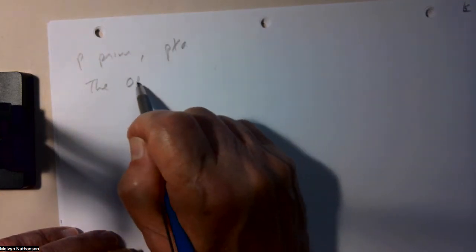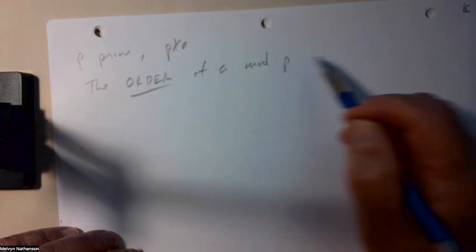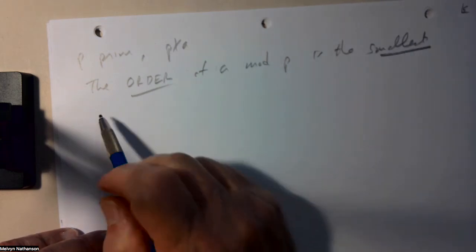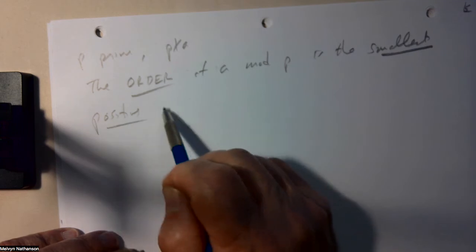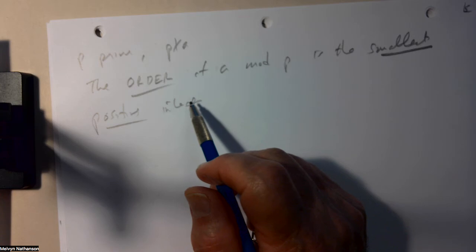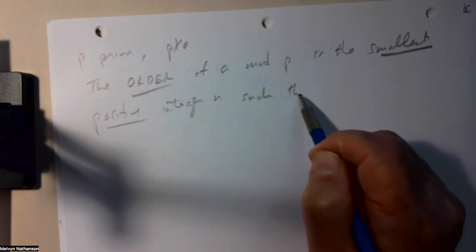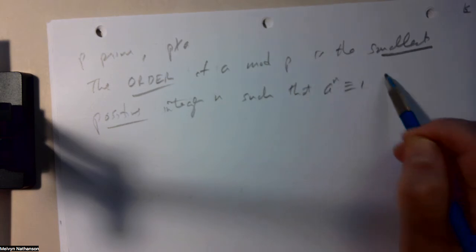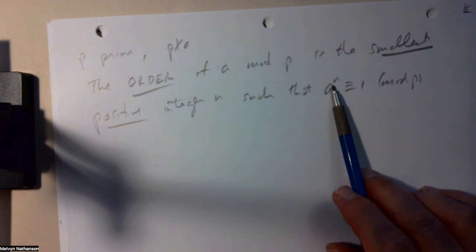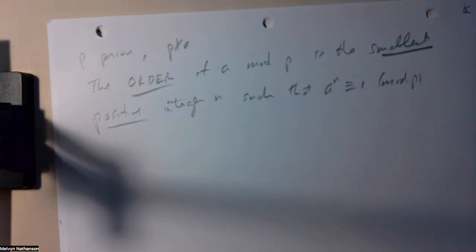What is called the order of a mod p is the smallest positive integer n such that a to the n is congruent to 1 mod p. So we know that n equal to p minus 1 works, but there might be an even smaller number, as you saw in the case with 3 and prime 11.